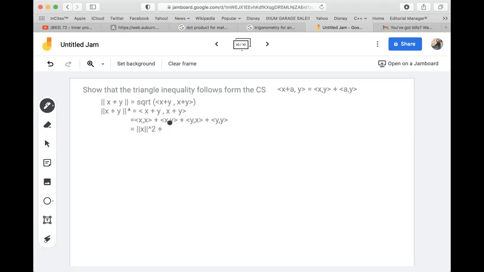Okay, so for this part, let me change it to the red color. So for this part here, for that part, the yx, we can write it in the form of xy by having the conjugate here.